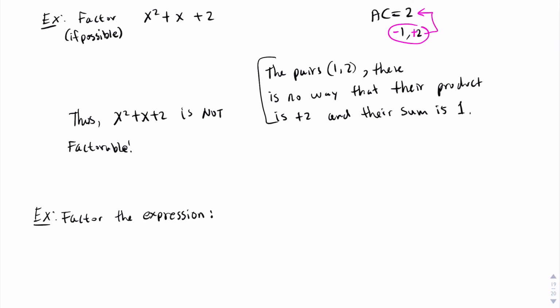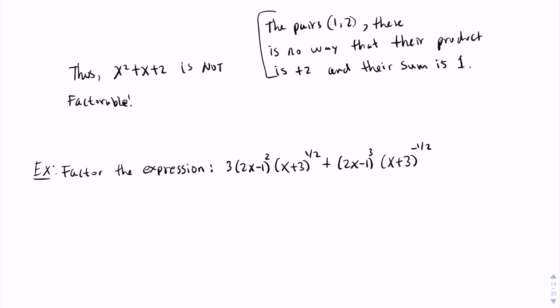Suppose that I give you something like this: 3 times 2x minus 1 to the second power, times x plus 3 to the 1/2, plus 2x minus 1 to the third power, times x plus 3 to the negative 1/2. Say we have something like this, right?